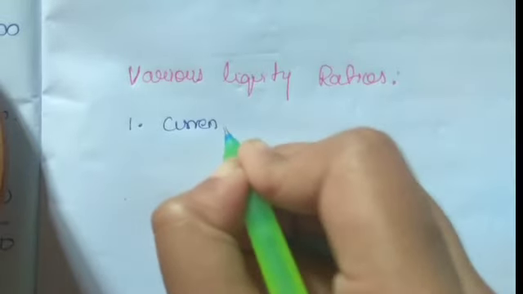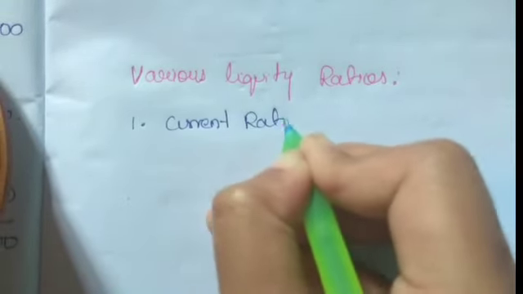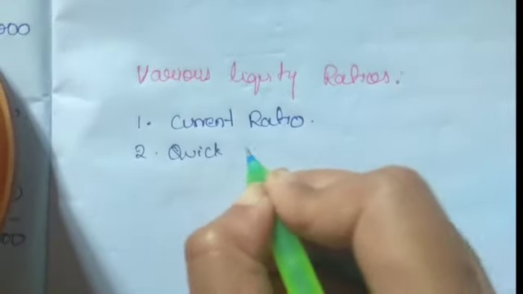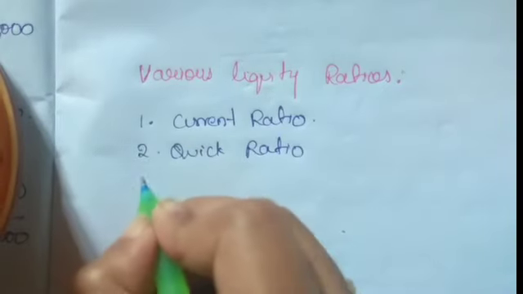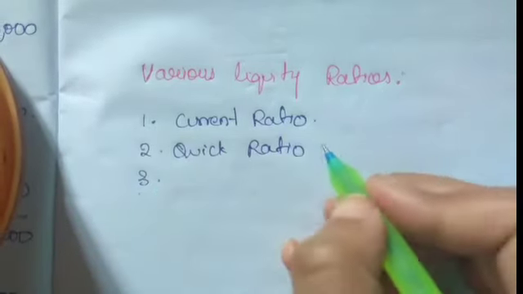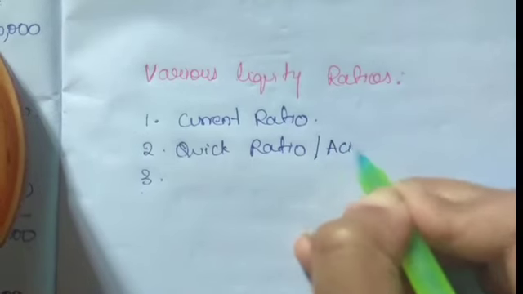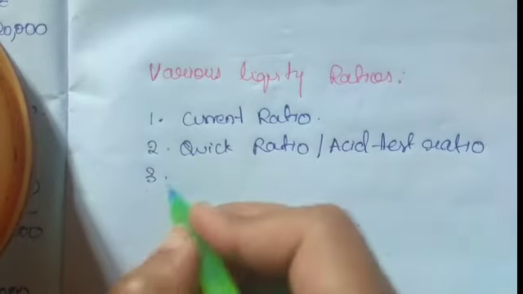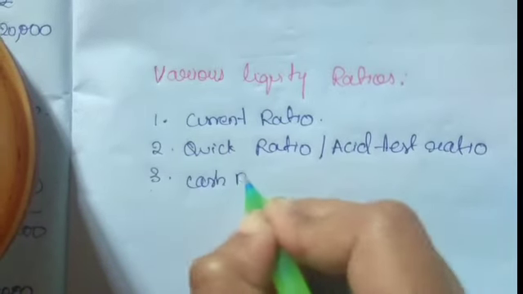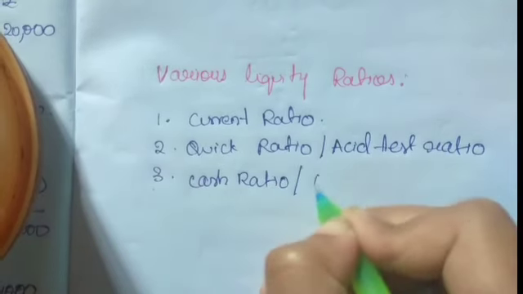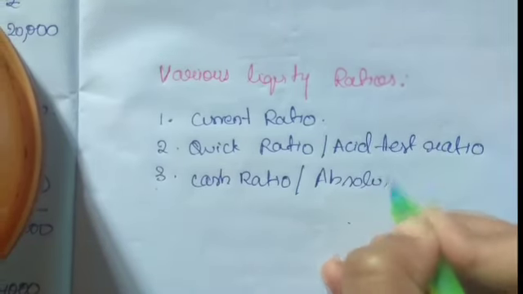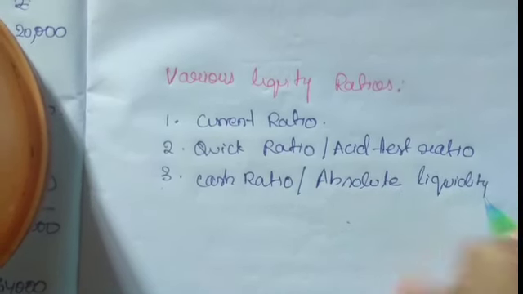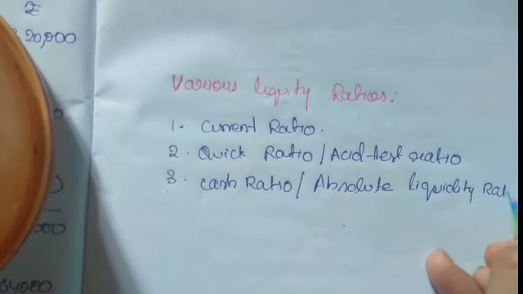Current ratio. Second one is quick ratio. This quick ratio can also be called the acid test ratio. Third is cash ratio or absolute liquidity ratio.